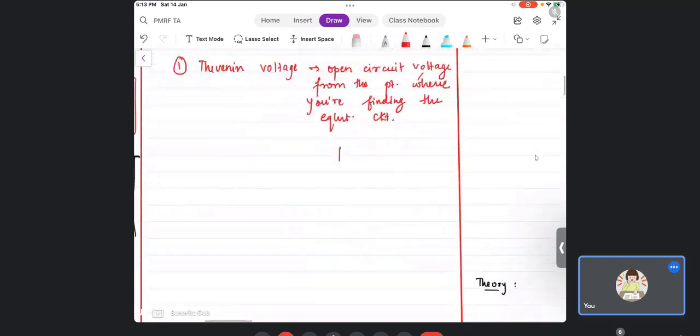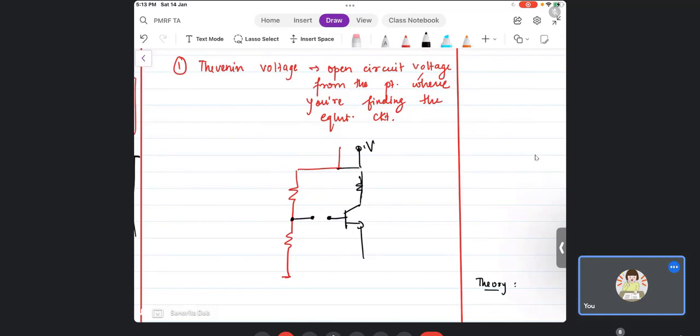So if this is your circuit, then this is the voltage I am talking about. Now the entire transistor circuit doesn't matter because this is already open. It is not connected. So VOC, with R1 and R2.